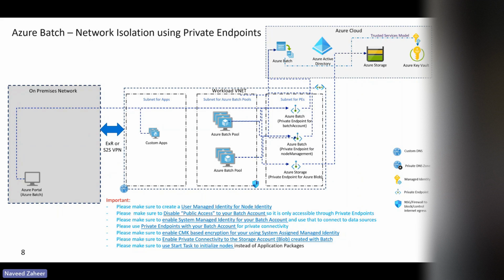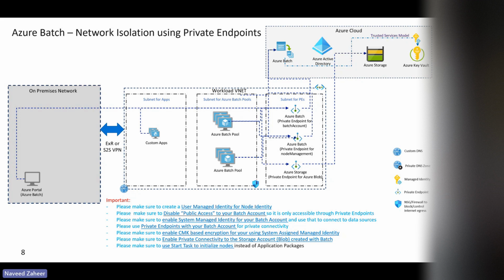First of all, I have created two private endpoints for Azure Batch. One is for the batch account, and the other one is the node management. Just remember the last picture, two private endpoints. And then you have provisioned Azure Batch pools in the second subnet. Okay. And I have an NSG placed on it, so there is no outbound communication to the internet. I'm blocking all that.